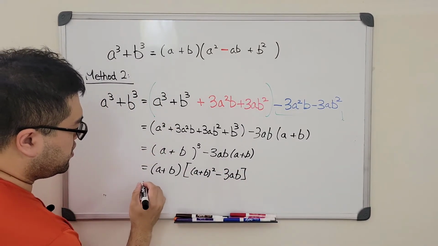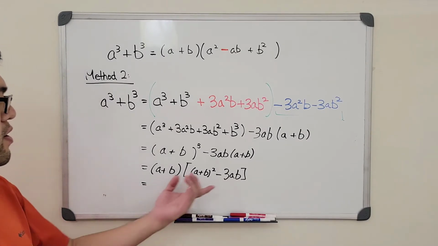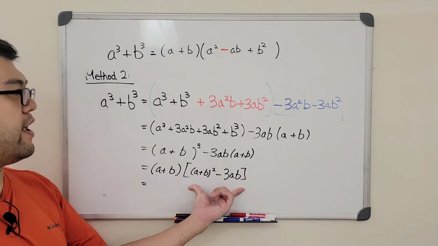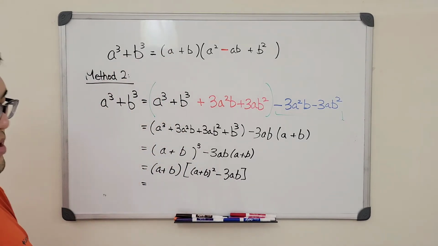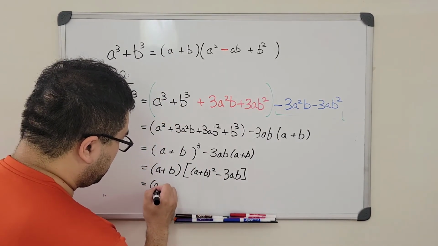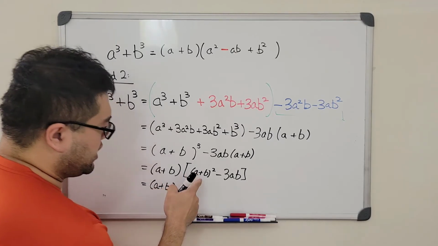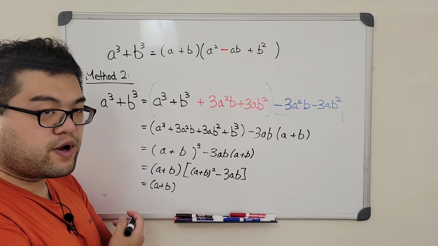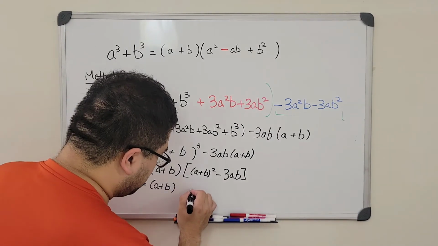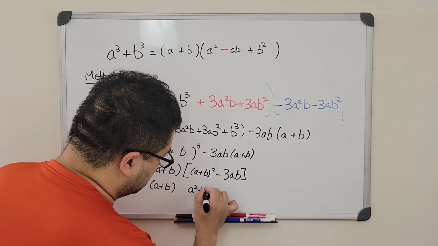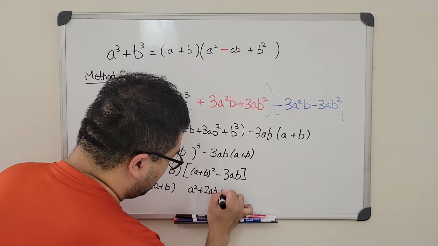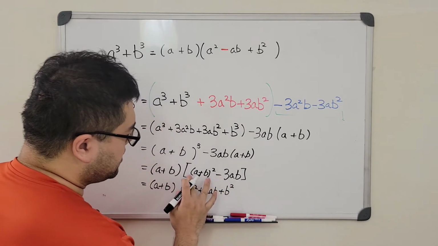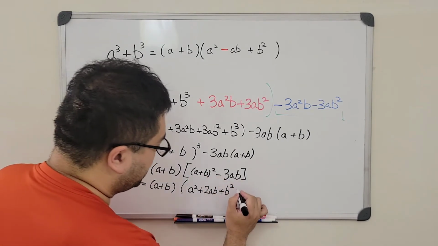Good. So now we just need to finalize our parts in the bracket and try to get the results that we want, which actually gives us, again, we need to use the identity. What is A plus B quantity squared? Right, A squared plus 2AB plus B squared. And do not forget, we still have the minus 3AB.